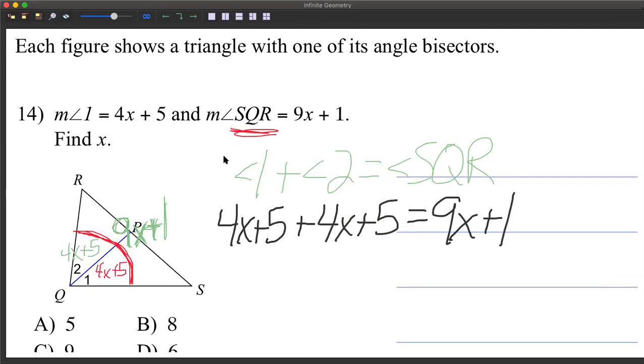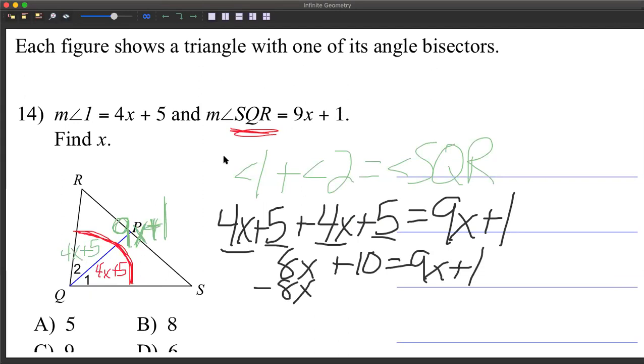So there's my equation. Now I just have to solve it. 4x and 4x is 8x. 5 and 5 is 10. 9x plus 1. And then I just solve. In this case, I get 9 equals x. So there's my answer, 9, and it looks like that's choice C. So I feel pretty confident.